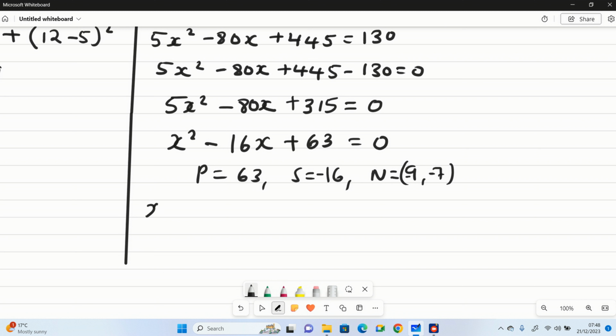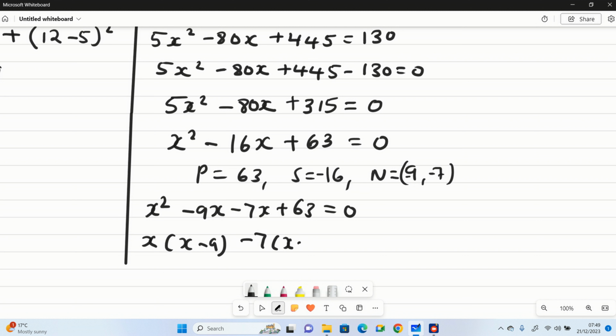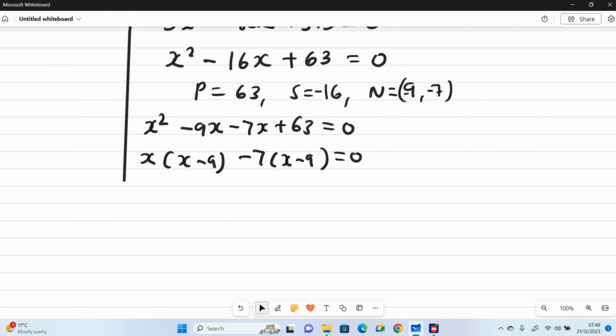So we're going to have x squared minus 9x and then minus 7x plus 63 equal to 0. This one is giving us x into x minus 9 minus 7 into x minus 9 equal to 0. Then you'll end up having x minus 7 multiplied by x minus 9 equal to 0.